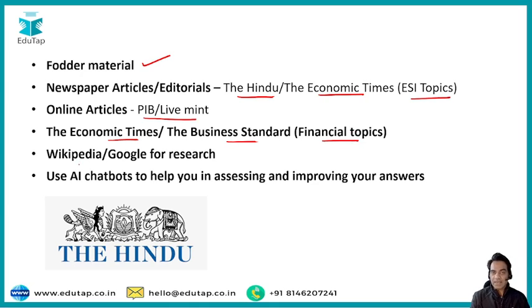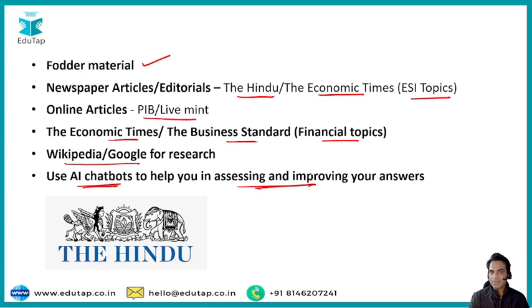Now, guys, after preparing for these topics, current affairs, management and everything, do use Wikipedia and Google for your research when you're researching for a topic, but do refer to relevant sources. And last but not the least, use AI chatbots to help you in assessing and improving your answers.